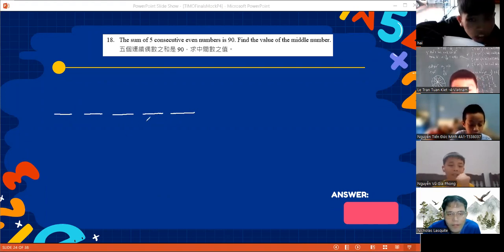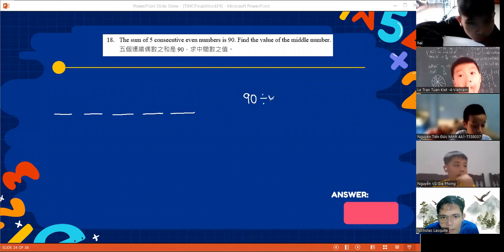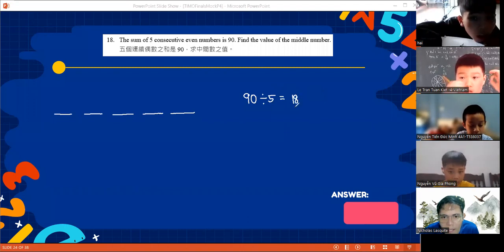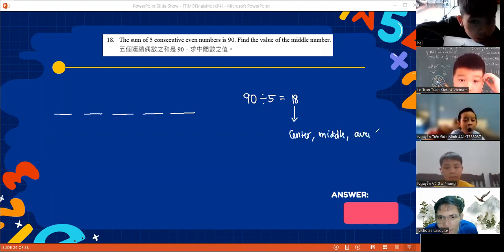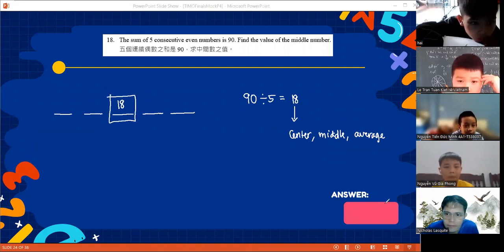This is your 5 consecutive even numbers. The 90 is the total. So divide that one by 5. Of course, that's divisible, right? This is 18. The 18 here is the center, middle number, or average, right? So it must be found here. So since it's only asking for the middle number, 18 should be the answer.